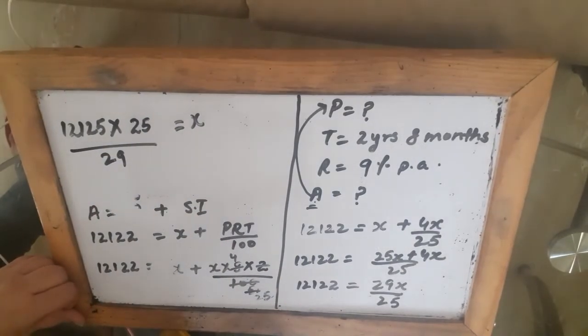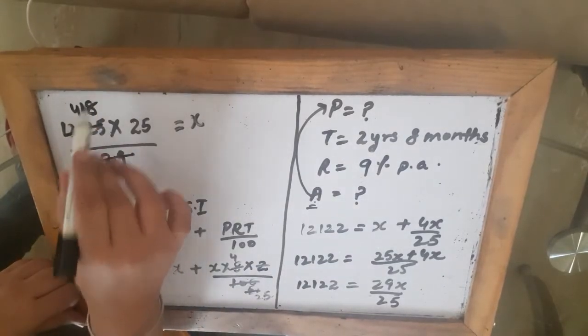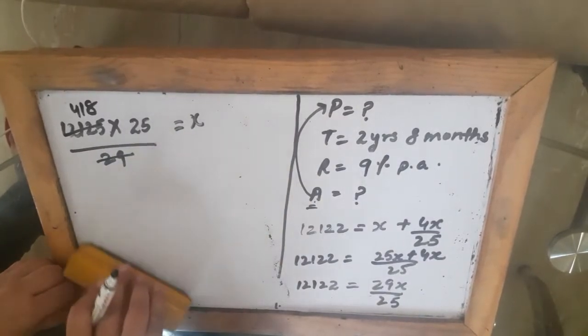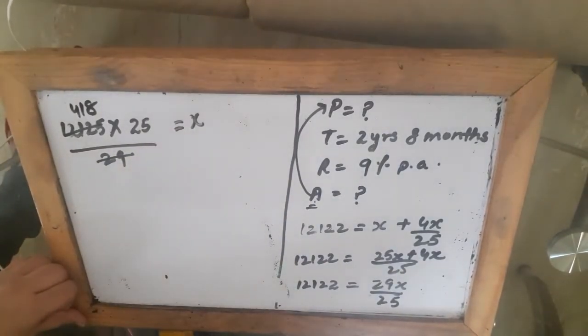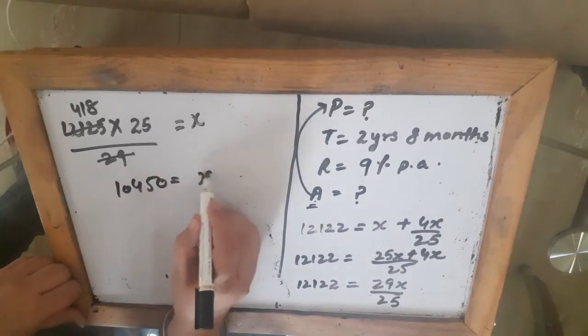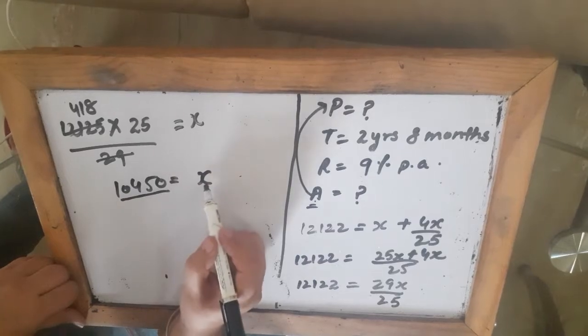And when you solve this, 29 into 418, and 418 25s, you get 10450. So this x comes to 10450.